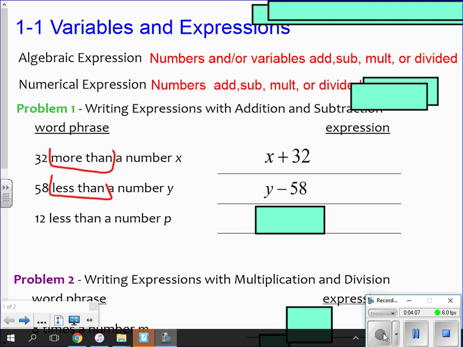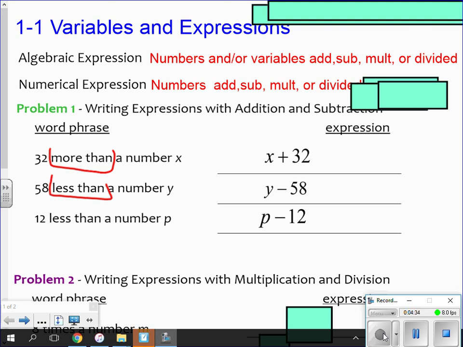So when I have 12 less than the number P, that means I'm going to start with P and I'm going to take 12 away from that. P minus 12. Questions so far? Do letters always have to be in front? No, they don't. But generally speaking, that's the standard procedure.